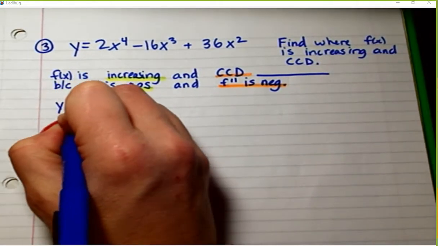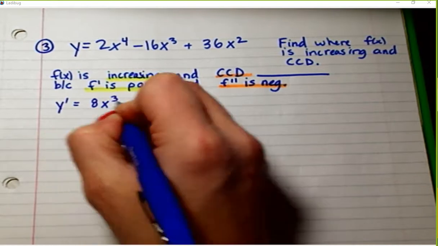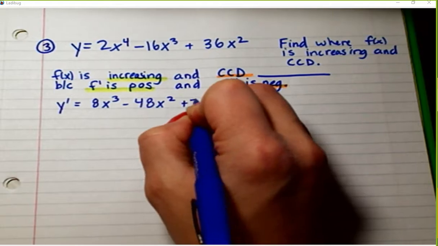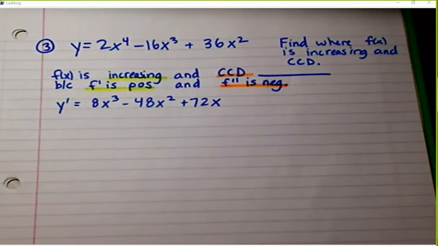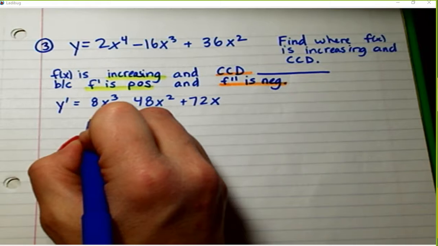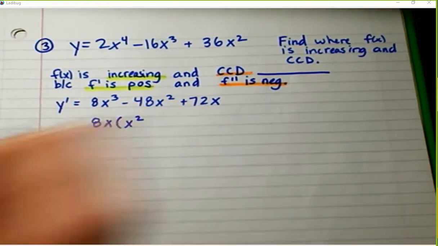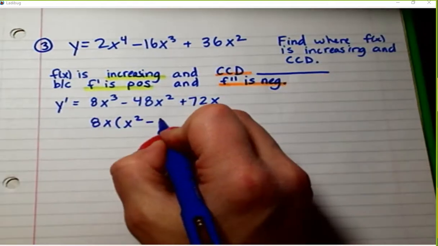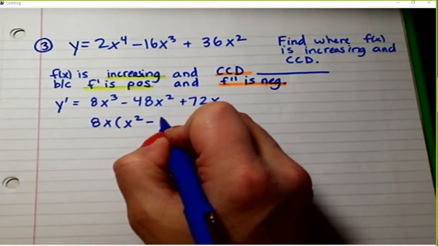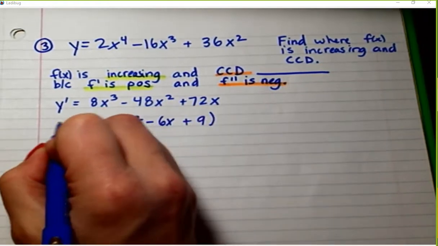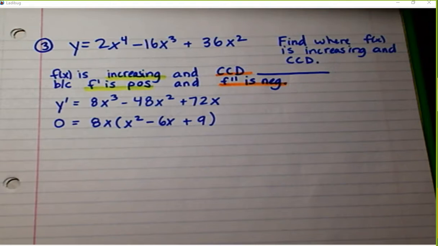Y prime equals 8x cubed minus... Okay, so I know those numbers get a little bit big. However, I am certain that it should divide out pretty nicely. Okay. So how do I find y prime positive? I gotta do the number line.